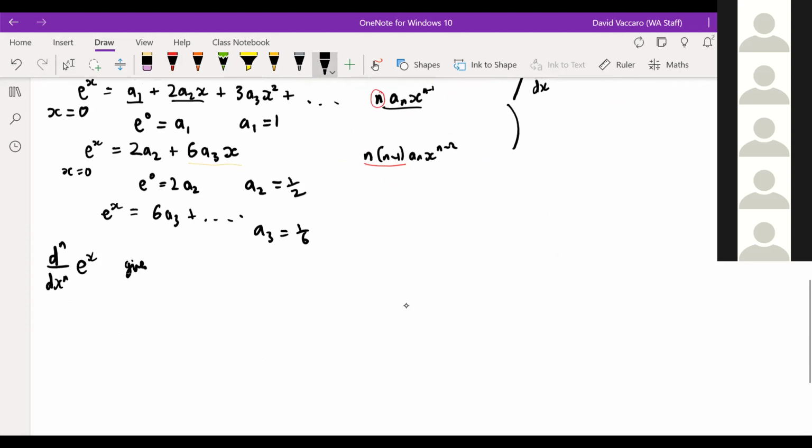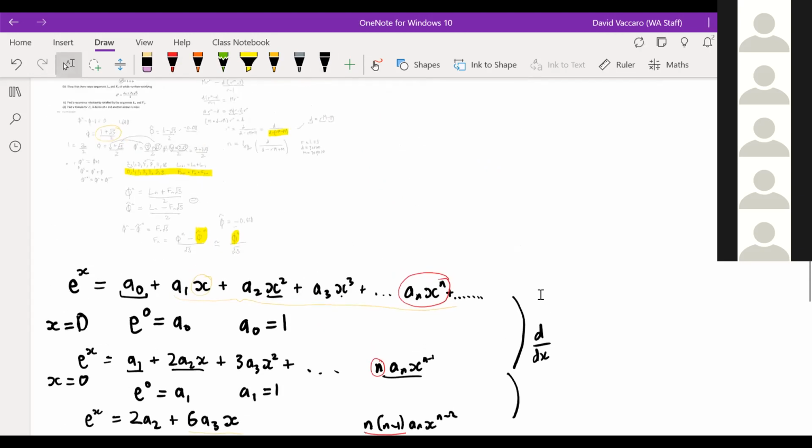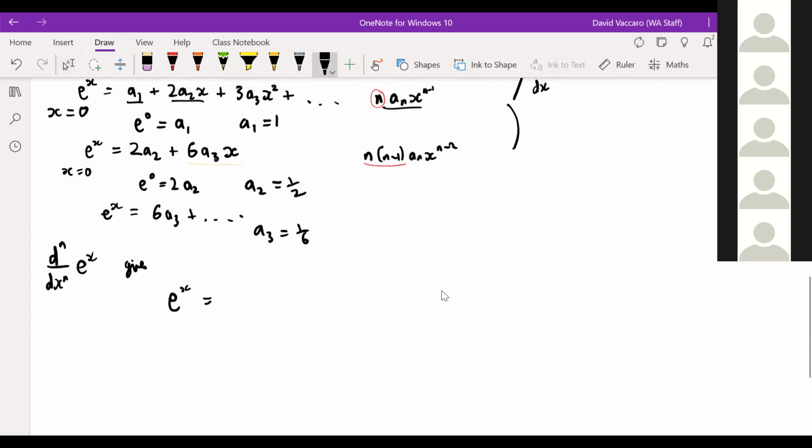And if I differentiate e to the x n times, I just get e to the x. If I differentiate x to the n, n times, I get n, n minus 1, n minus 2, all the way down to 1, which is n factorial, times a_n.